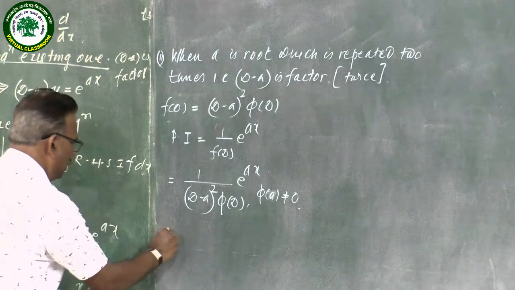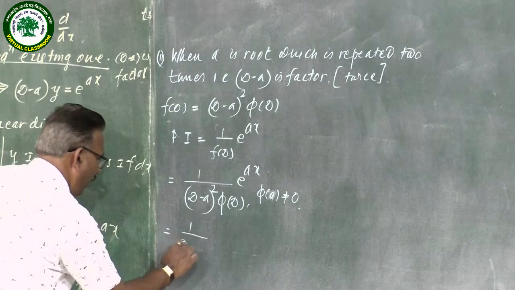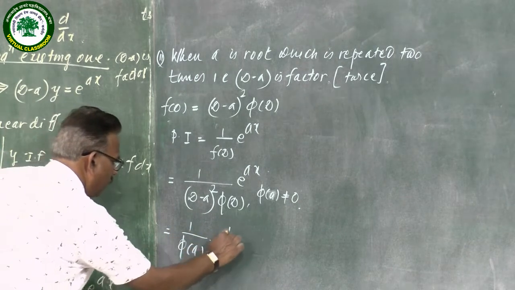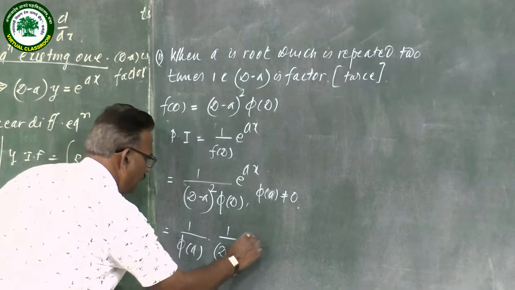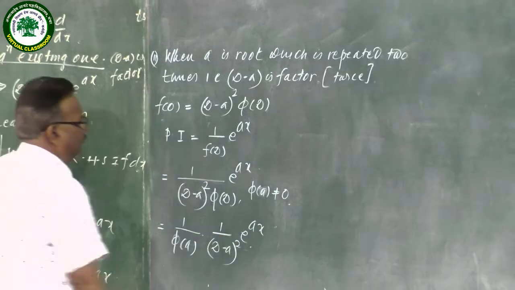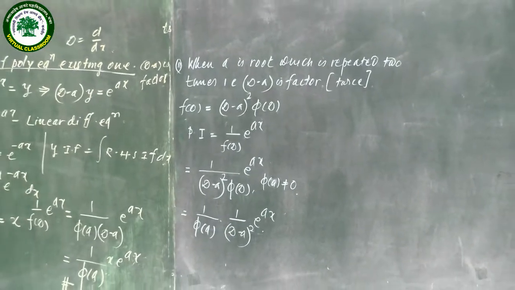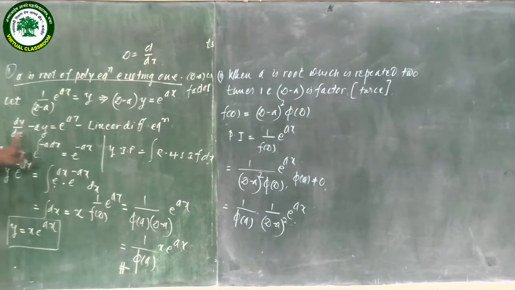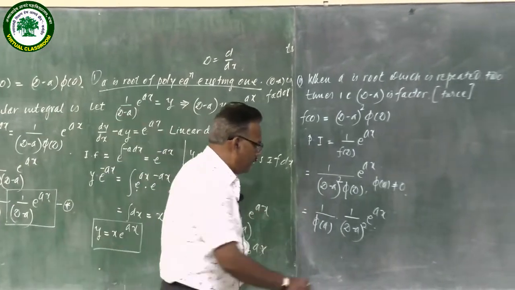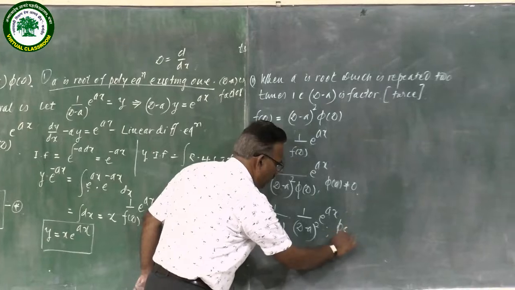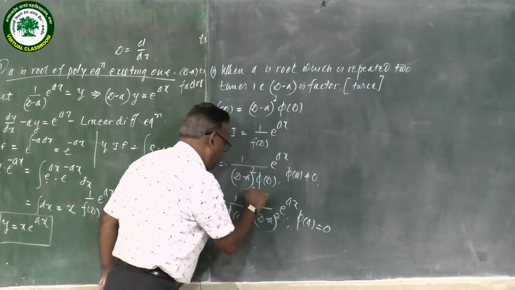Therefore, this is equal to 1/φ(a) into 1/(D − a)² e^x. Again, we have to apply the same procedure. It is φ(a) not equal to 0. Then you have to consider this part again.